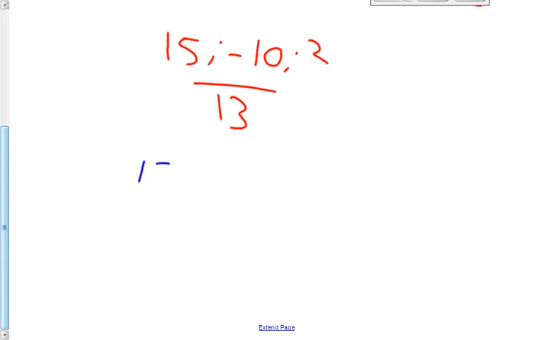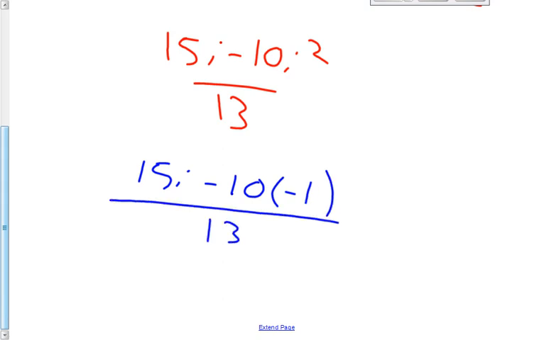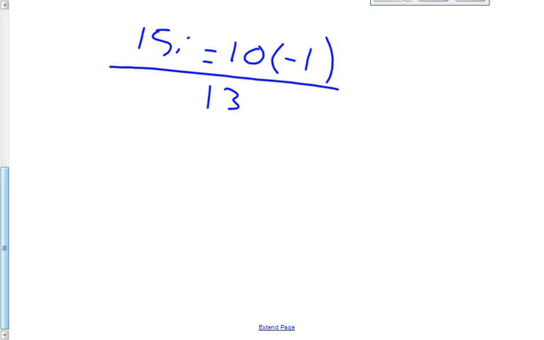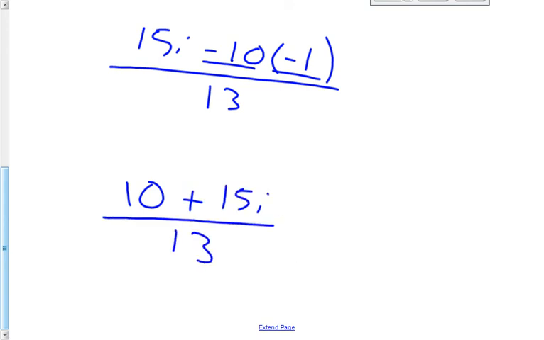So it's 15i minus 10 times a negative 1, that over 13. And then a negative 10 times a negative 1 is a positive 10. And the numbers always come first, and the i's come second. So it's a positive 10 plus 15i divided by 13. 10 plus 15i divided by 13 is the answer to 21.